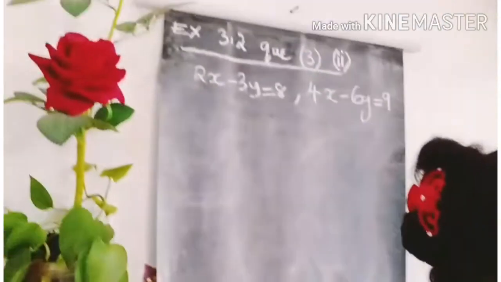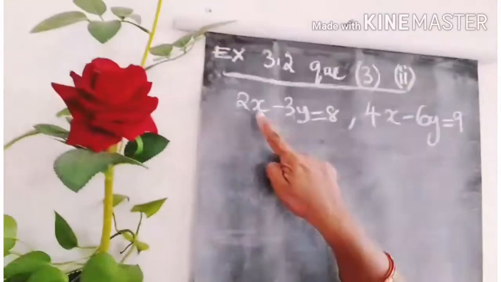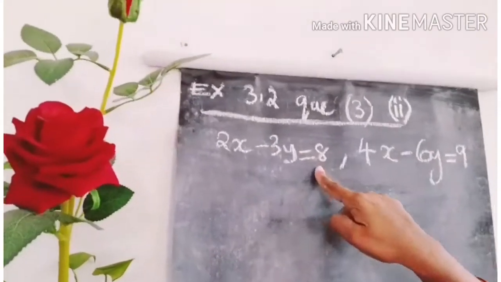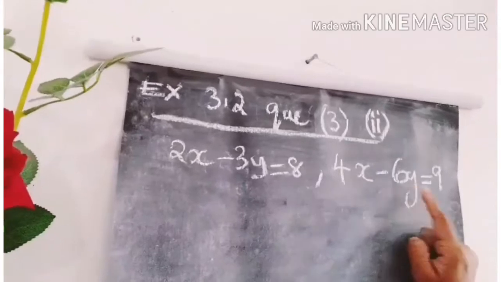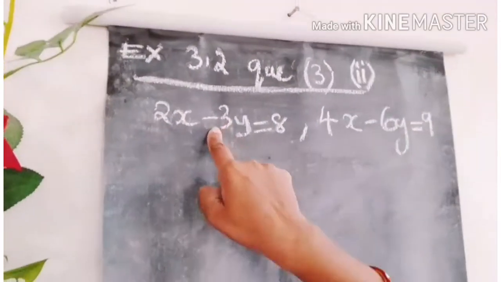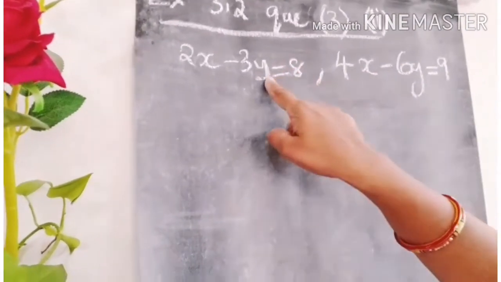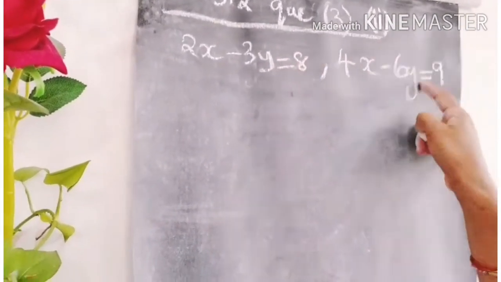I am writing the second option. 2x minus 3y equal to 8, 4x minus 6y equal to 9. Here a1, b1, a2, b2. C1 is written here. When we move it to the left side, it will be negative 8 and negative 9.